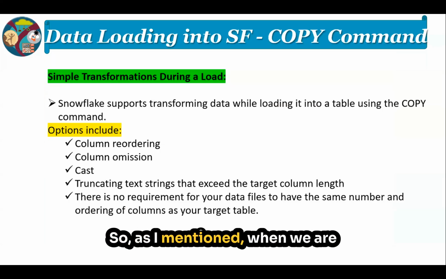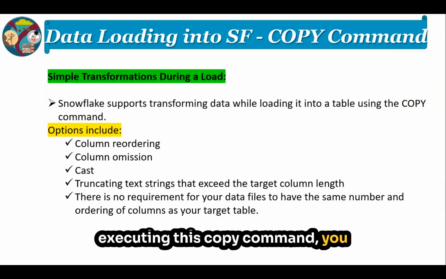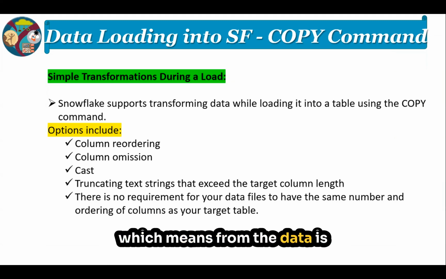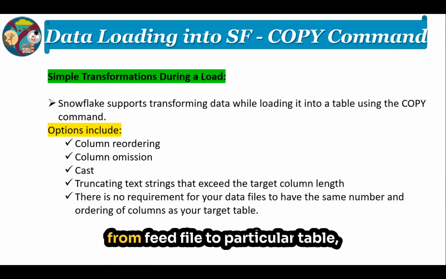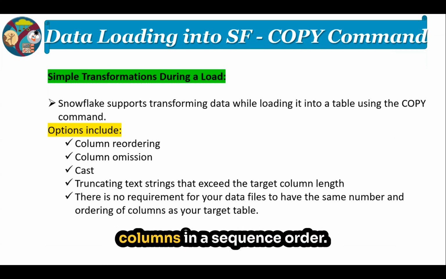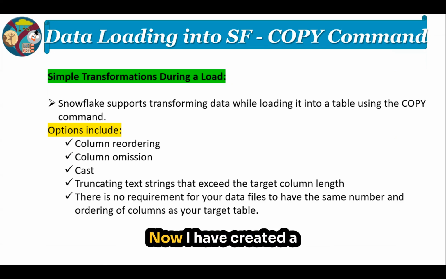As I mentioned, when executing this copy command, you can do small transformations while the data is loading from the feed file to the table. For example, the feed file has 10 columns in a sequence, but I mistakenly created the table with these 10 columns in a different order.